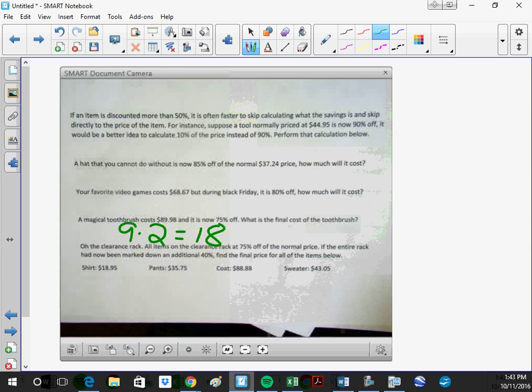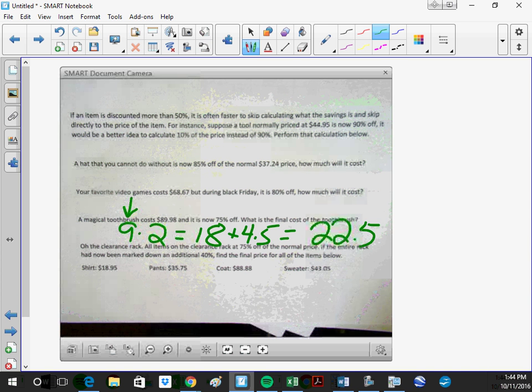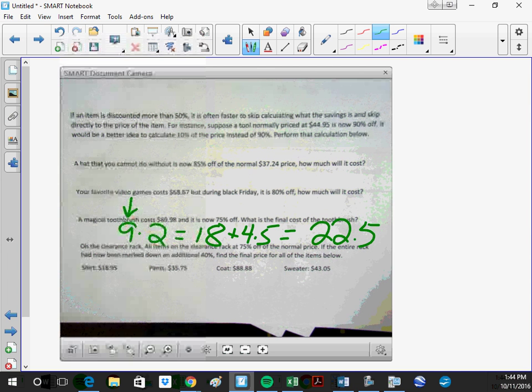So what should I do now? Add half of the original 10% back. So plus 4.5. So 22.5.